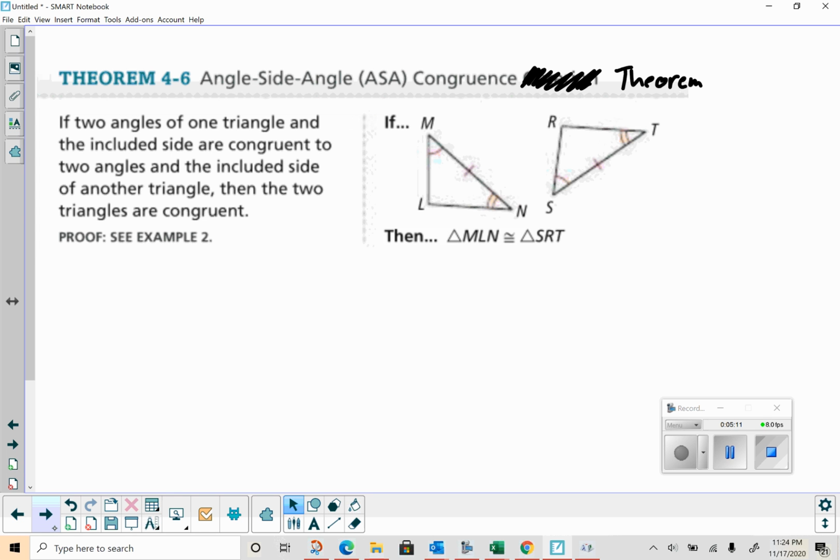That's a demonstration of why the angle side angle congruence theorem is true.